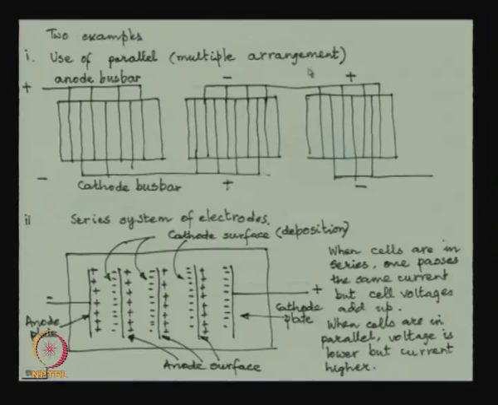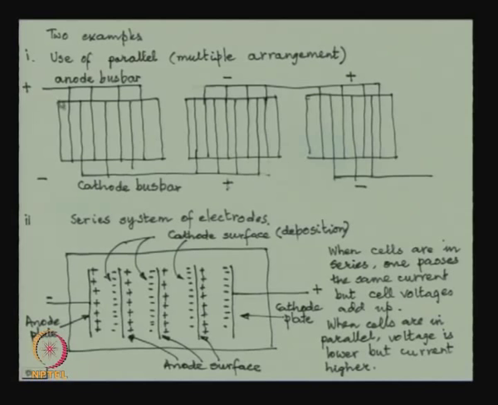Now, there are other ways we can think of doing things in practice. Look at this slide, for example. Here we show what we call a series parallel arrangement. Now, what is it that it means? Now, this is a collection of electrolytic cells.